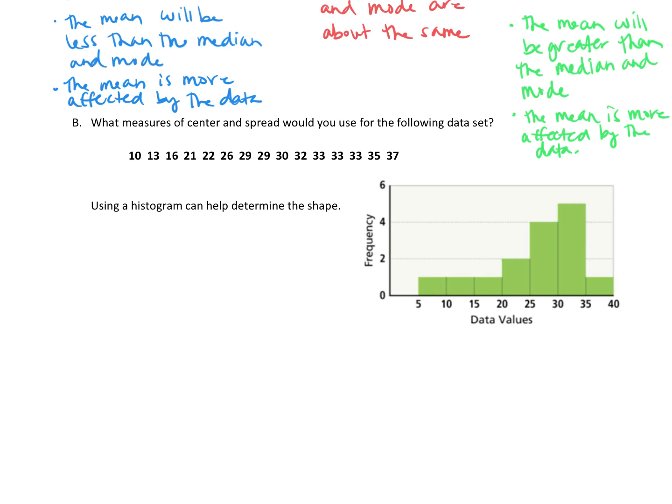It looks like it's pulled to the left in the negative direction. So our data set is skewed left, which indicates that the mean is more affected by a data distribution than the median.